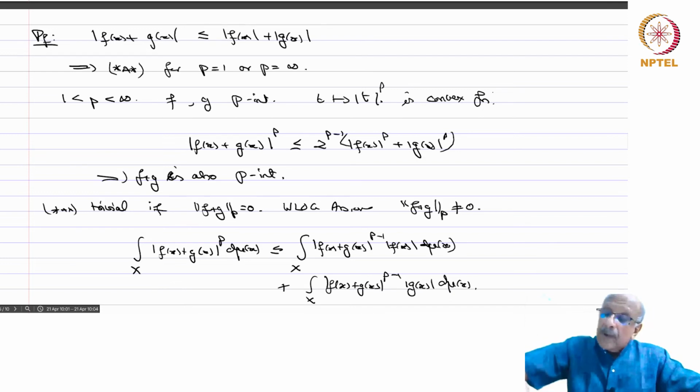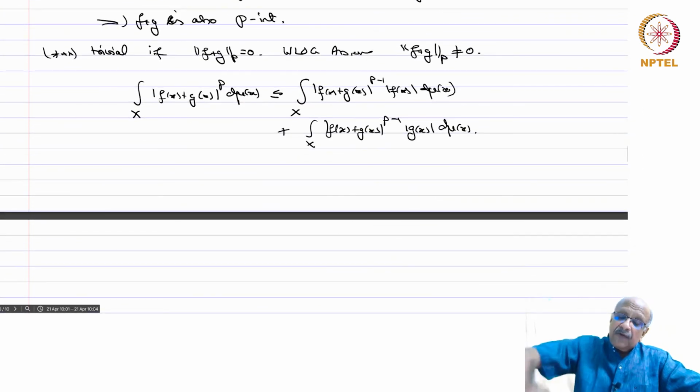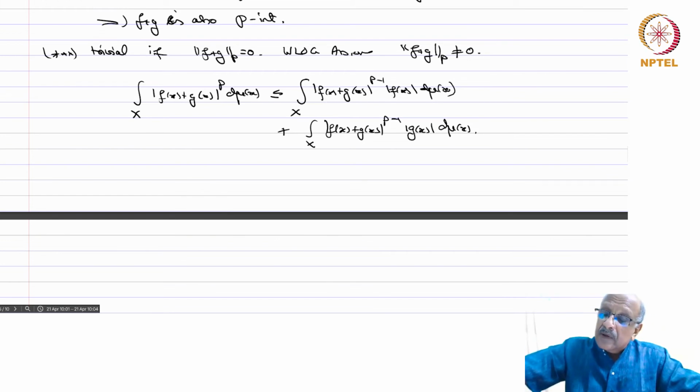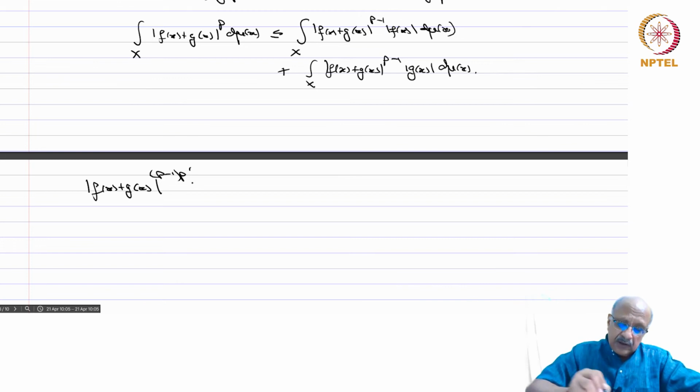So we want to apply Hölder's inequality to each of these terms. For f in p-integrable, I can apply it here. So I want to know if the first term is p'-integrable. So let us take |f(x)+g(x)|^{p-1}, raised to the power p'. So we want to know if this function is integrable.